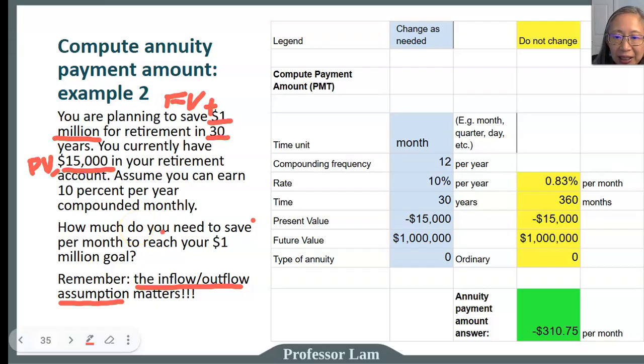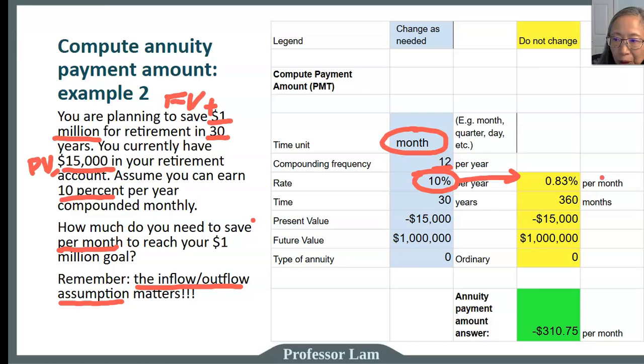Since we are saving money every month, the time unit is month, or 12 times per year. The interest rate given is 10% per year. The template will convert that into the per month interest rate. Your time horizon is 30 years. Again, the template will convert that into 360 months.